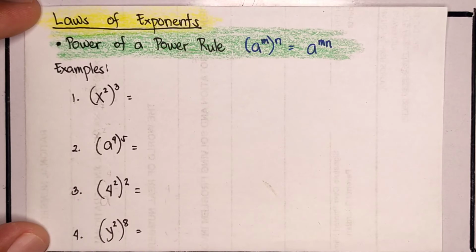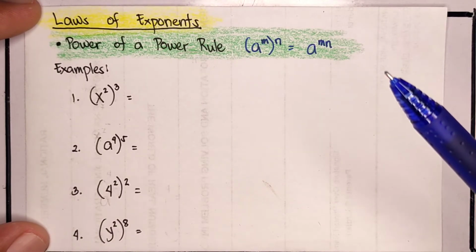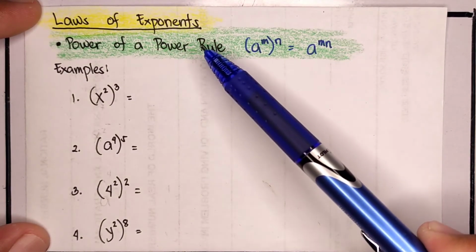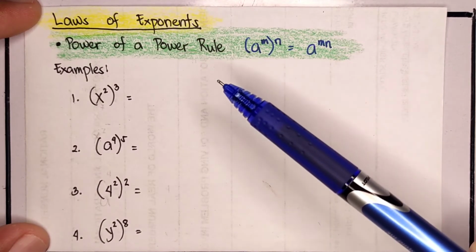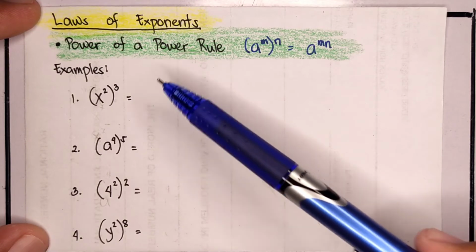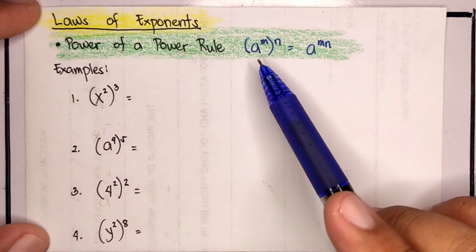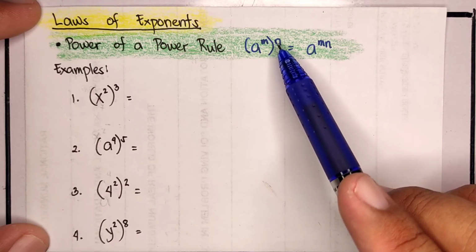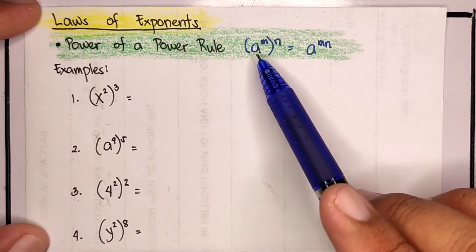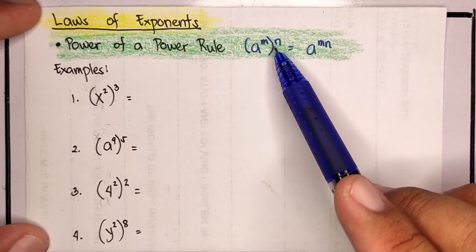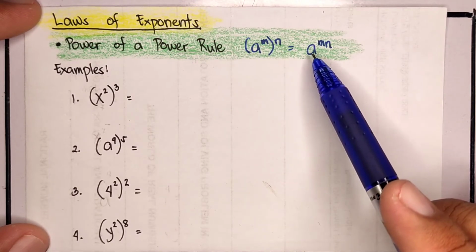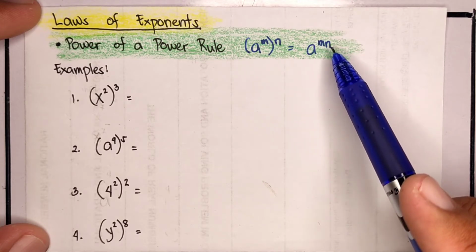Okay, let's go back to the law of exponents. And the third rule is the power of a power rule. You have here a raised to m, raised to the power of n, which is equal to a raised to m times n.